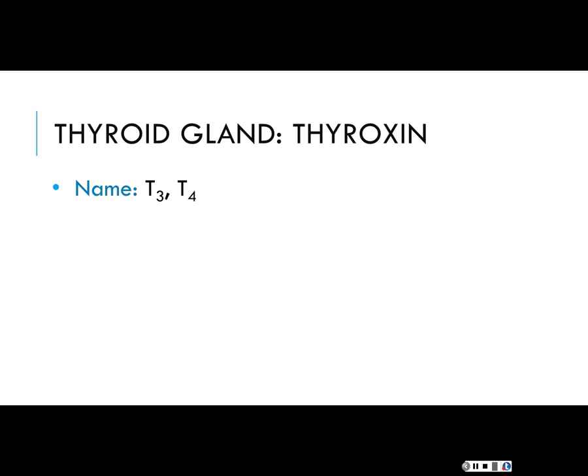Just for your information, T4 is made in abundance, secreted into the circulatory system and then converted into T3. So if you want to circle, they consider the more active one is T3. And as soon as it's turned to T3, its half-life decreases significantly. So T4 is produced the most because it's more stable, and then converted into T3, just losing an iodine.